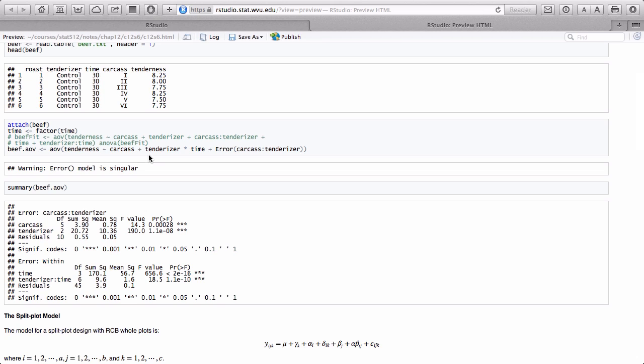But there's actually another error term, and that's the remainder or residual. In other words, that doesn't find all the degrees of freedom we have. So there are 3 tenderizers and 4 times and 6 carcasses, right?